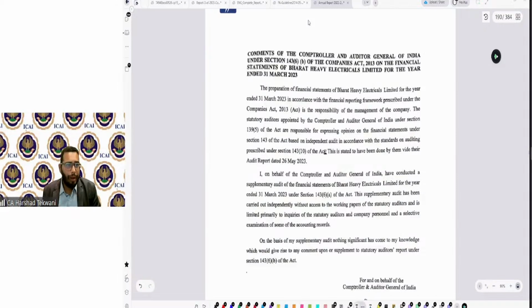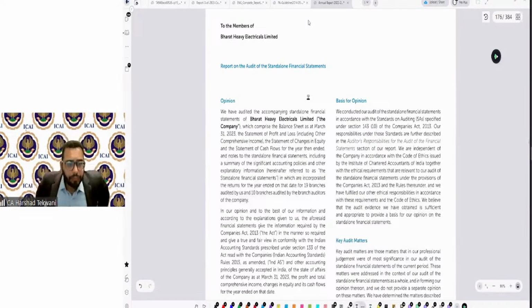Come on, guys. What is section 143(6)(a) in case of the Companies Act? We have already discussed that one. Very good, Mancha. Very good, Anumula. It's about supplementary audit.